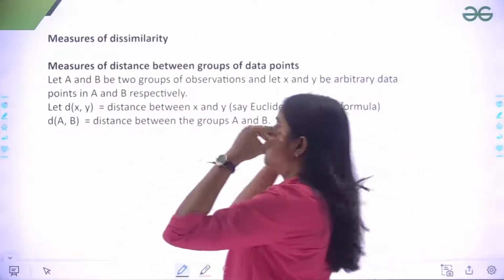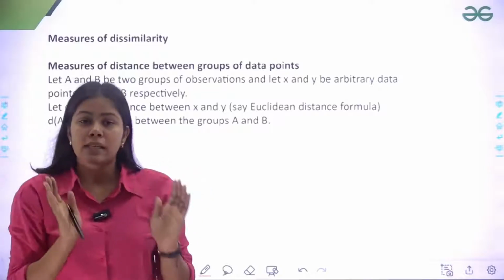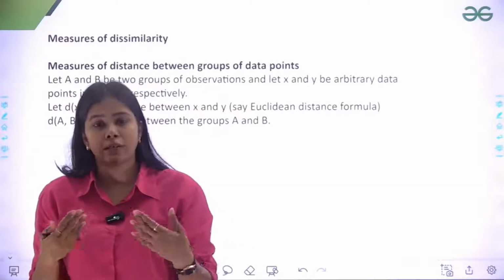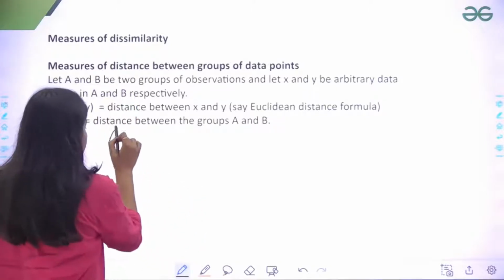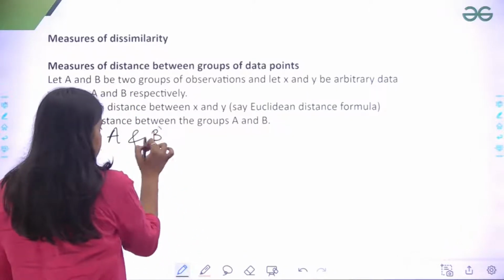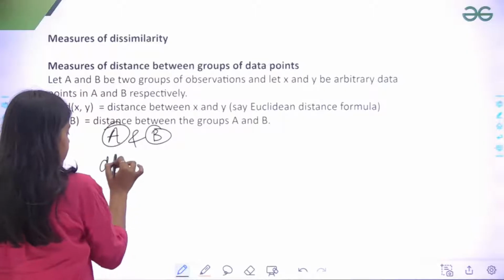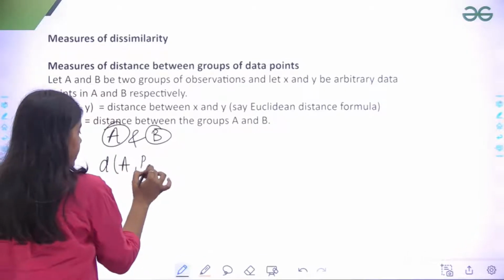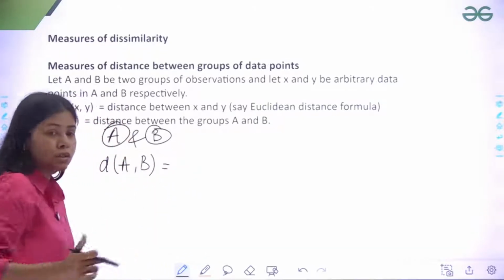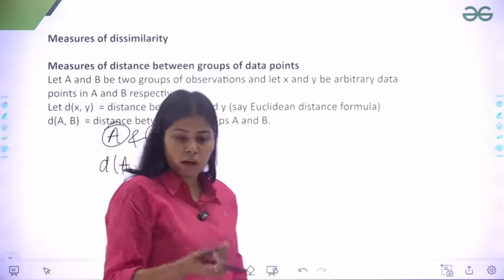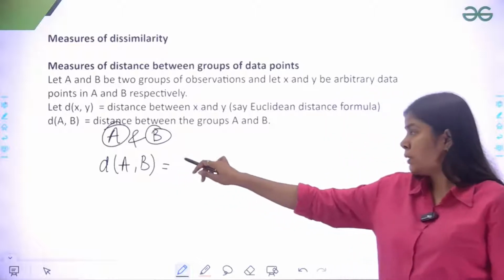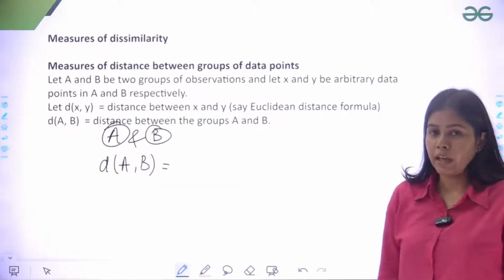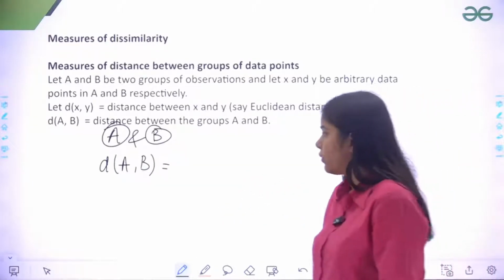For this, we'll find the distance between two clusters, and there are different methods to do so. Suppose A and B are clusters. If I'm writing d(A, B), that means I'm finding the distance of cluster A to cluster B. I also call it the dissimilarity of A and B, the measure of dissimilarity.